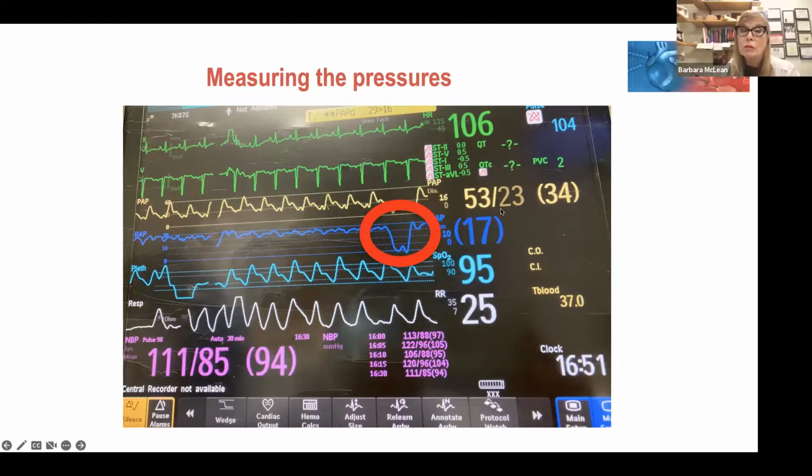If I'm reading this as your exhalation time, then you have a CVP of 17.